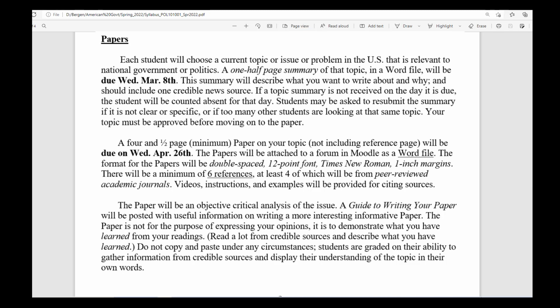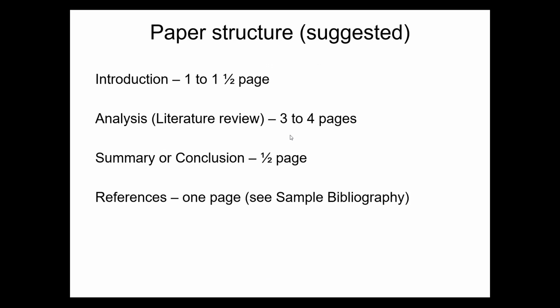Now let's look at a few slides that I talked about previously in a video on your paper. In that particular video, I just provided a general outline or a general structure suggested for you to follow to keep it a little bit more organized. Again, we're looking at 4.5 to 5 pages minimum. So your introduction will be 1 to 1.5 pages.